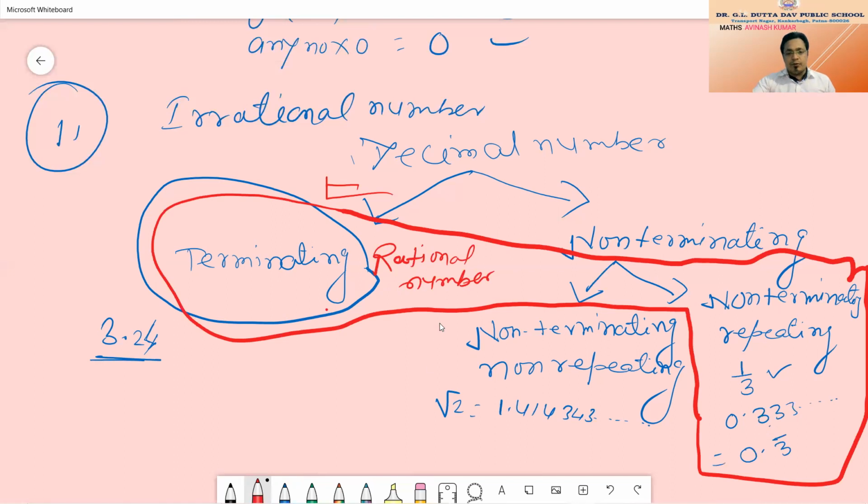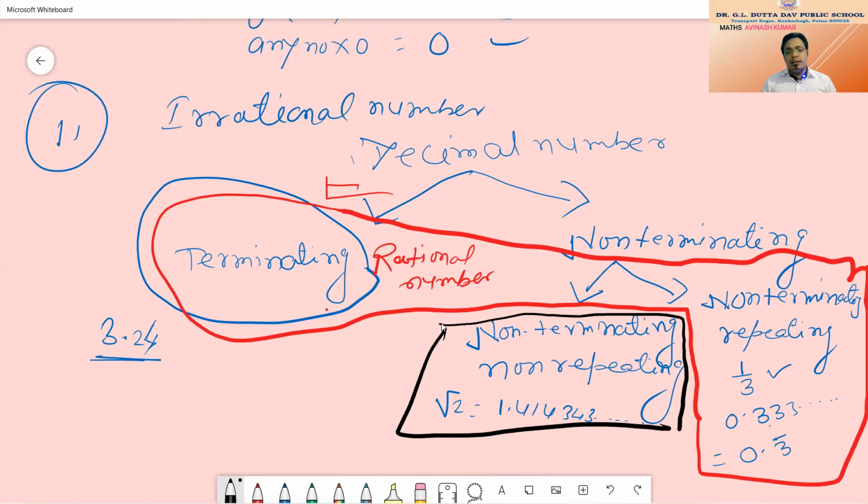And only the non-terminating, non-repeating decimal number is the word for irrational number.